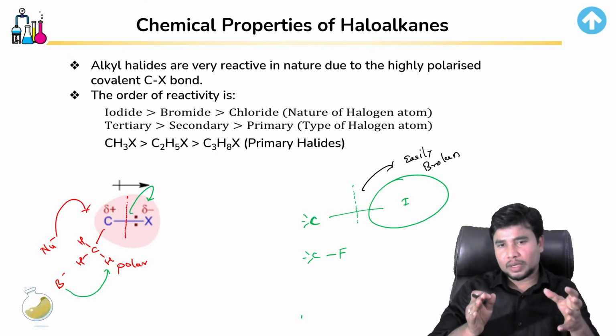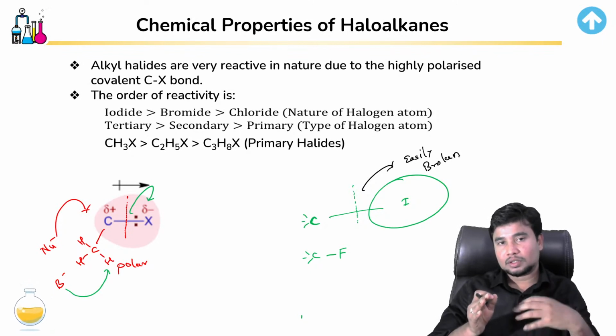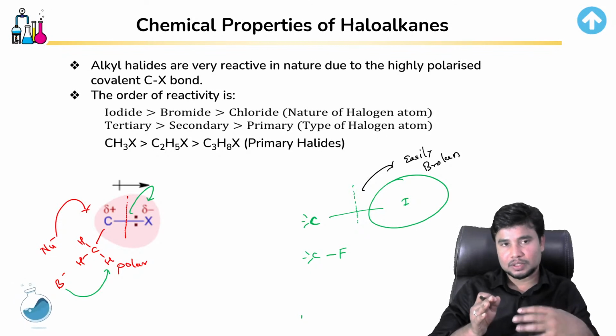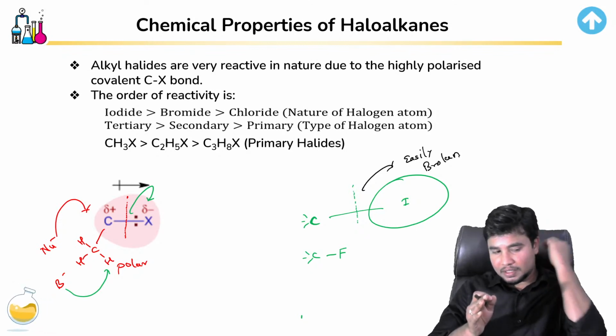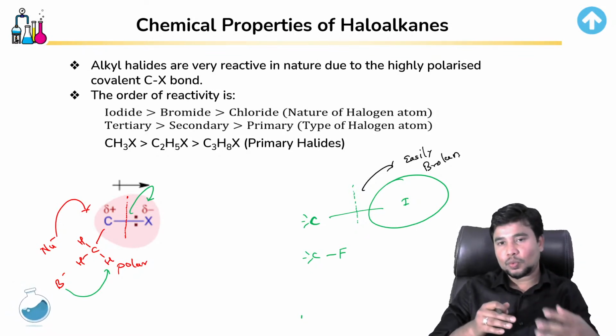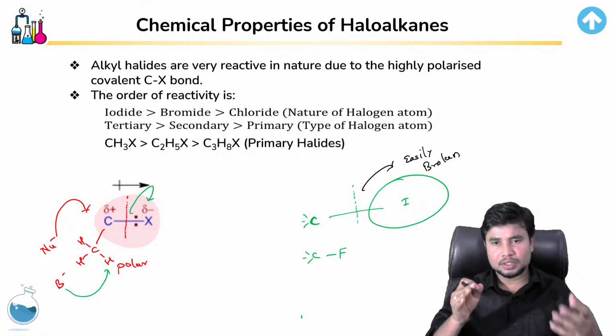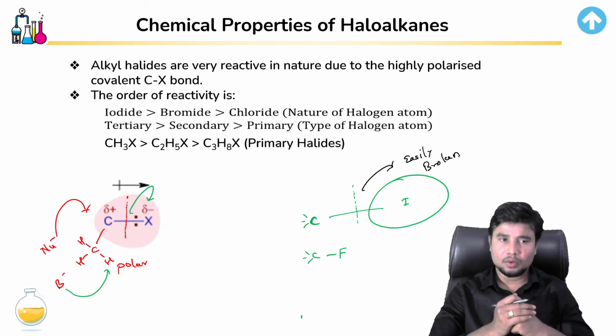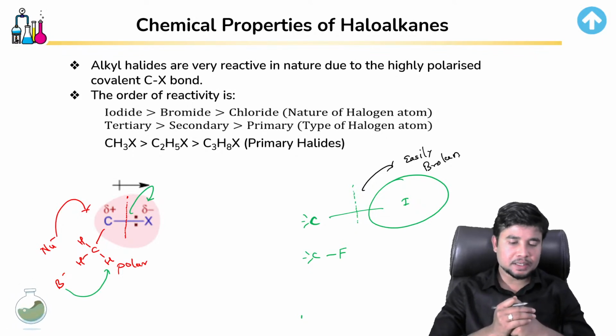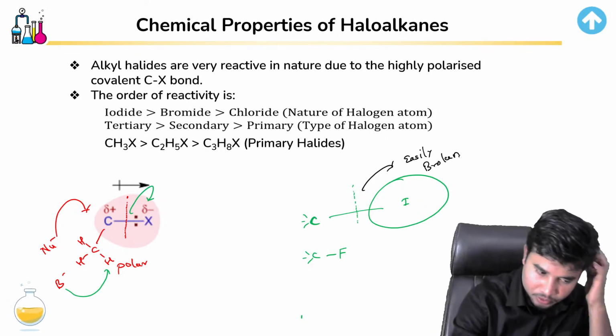If you have a carbocation formation, tertiary ones are going to react much faster than the secondary or the primary ones, right? So depending upon the mechanisms, the reactions would get affected. One might happen faster, the other at a slower rate. So these are the things you would need to understand before diving into the topic.